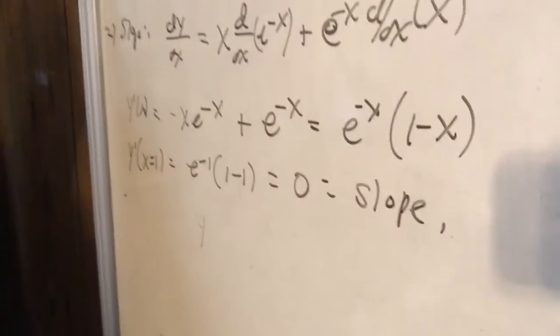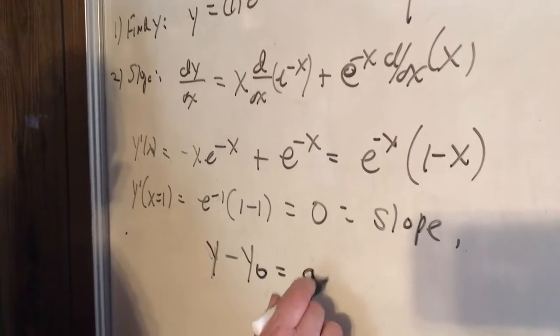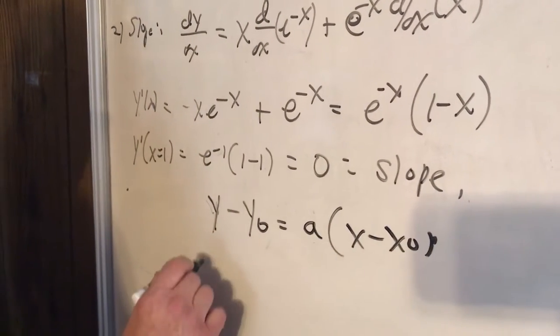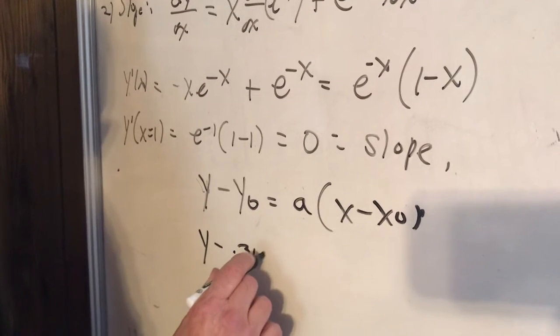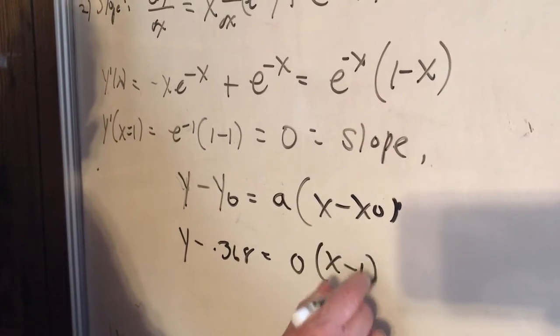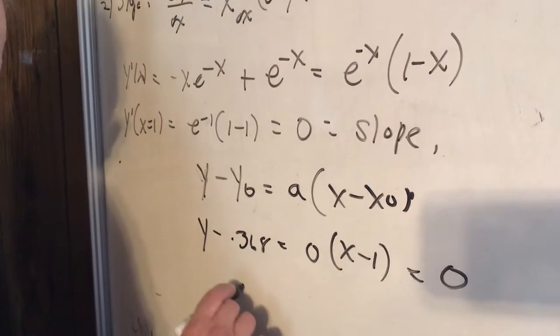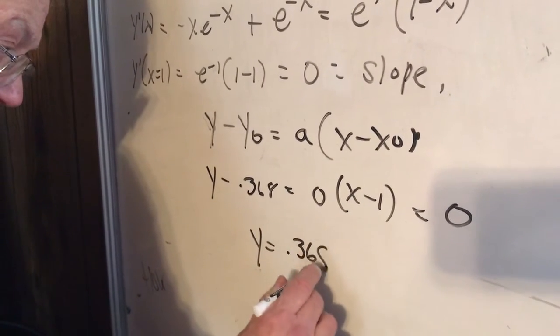Okay, so we have y minus y0 equals the slope times x minus x0. So y minus y0 is y minus 0.368 equals 0 times x minus 1. Well, that's 0. So y comes to 0.368.